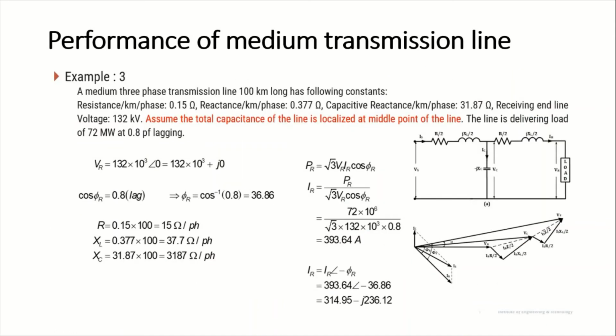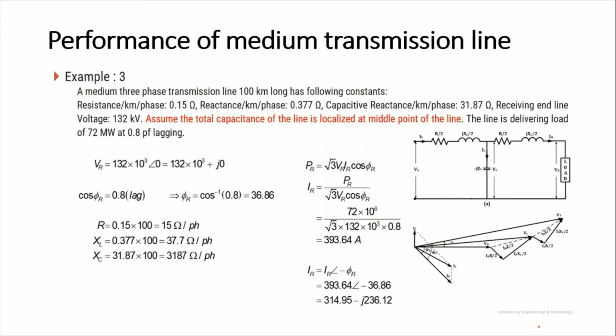Example number 3. The question is: a medium 3-phase transmission line of 100 km length has the following constants. The resistance per kilometer per phase is 0.15 ohm, reactance per kilometer per phase is 0.377 ohm, capacitive reactance per kilometer per phase is 31.87 ohm.